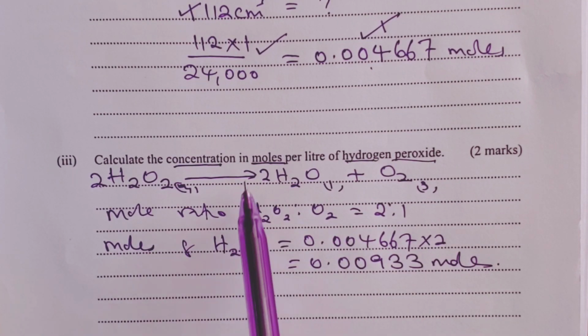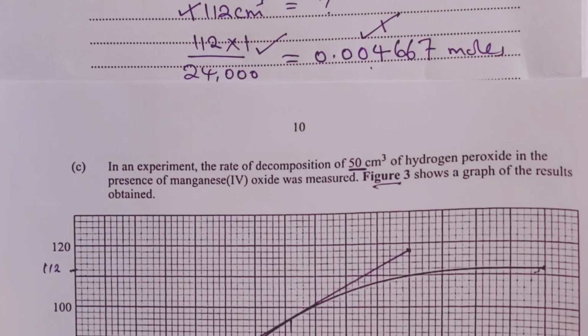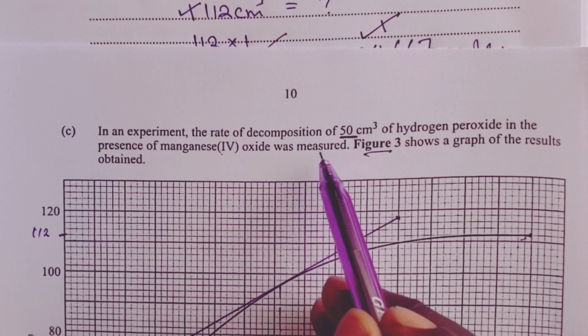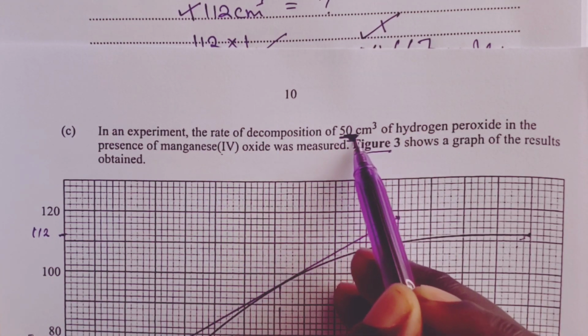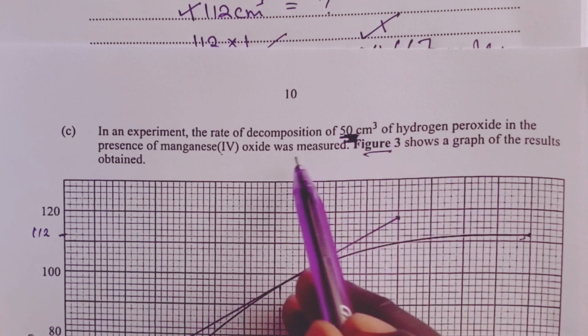Now, concentration in moles per liter would mean the number of moles in a liter. This number of moles here are for the volume of hydrogen peroxide that was used. And this volume has been specified in the stem of the question. We are told that in an experiment, the rate of decomposition of 50 cubic centimeter of hydrogen peroxide was measured.